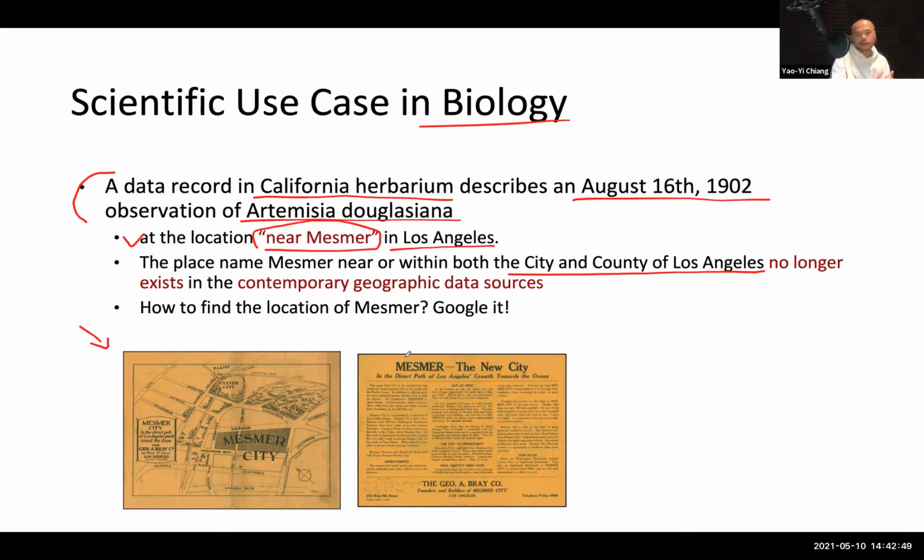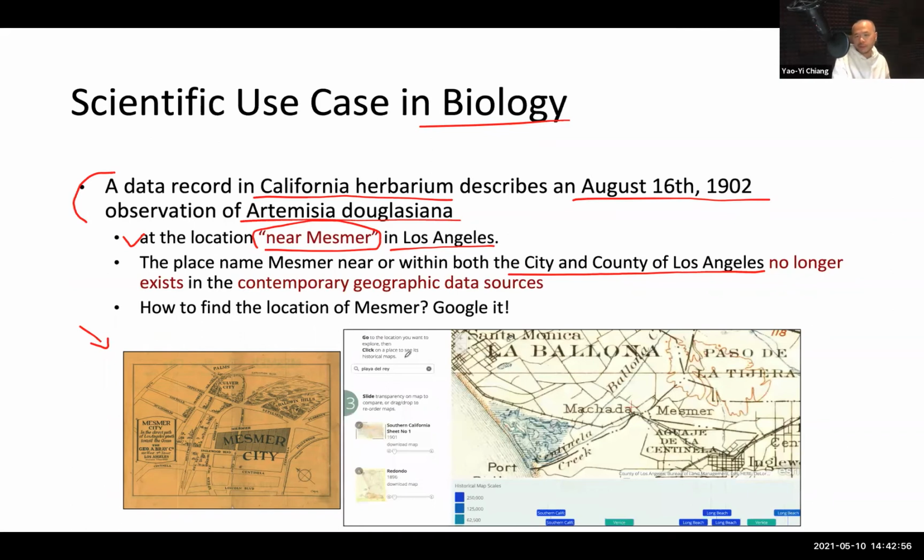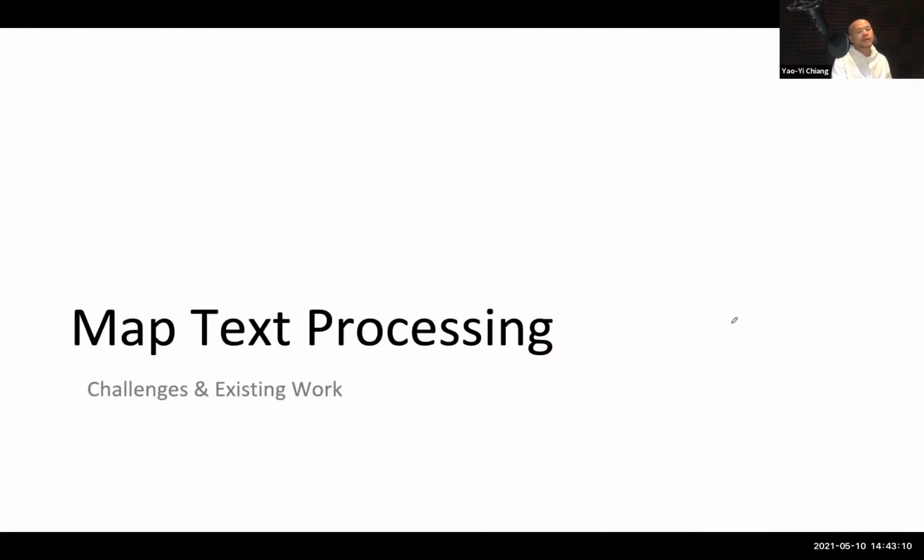There was no funding to develop it, so it disappeared. However, if you look at the USGS topographic map, you do have Mesmer here, because it was a popular location name. People referred to that location as Mesmer for years, so it's in the historical maps. I hope I've already convinced you map tags are important.